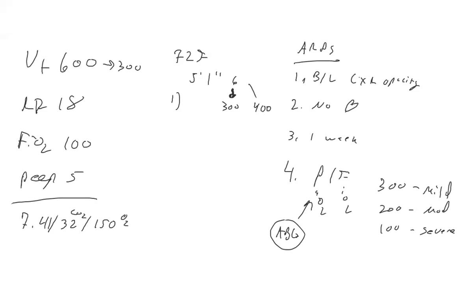Now we're going advanced. All right. So you do a plateau pressure on the initial setup, and it's 42, because the tidal volume was 600. Okay, so you're going to drop that, so it'll probably get better. Your respiratory rate's 18. Change or stay?